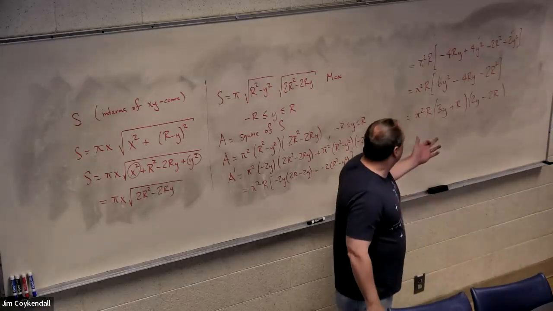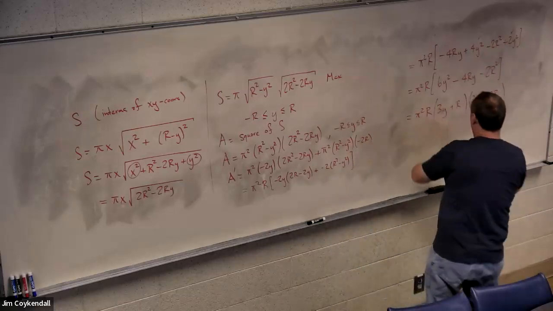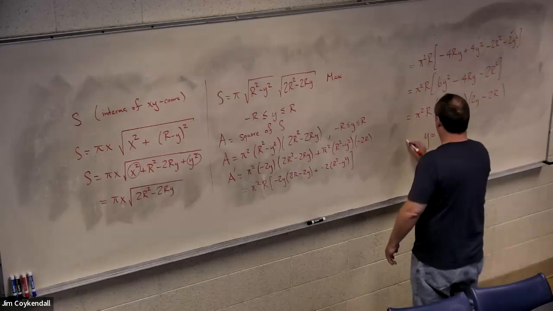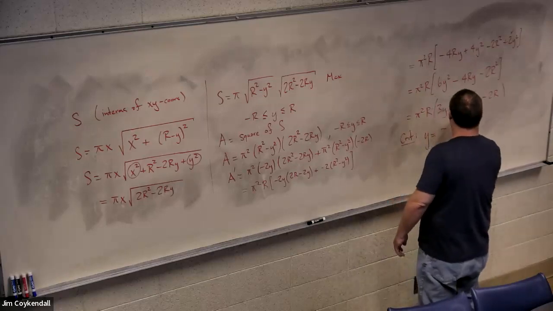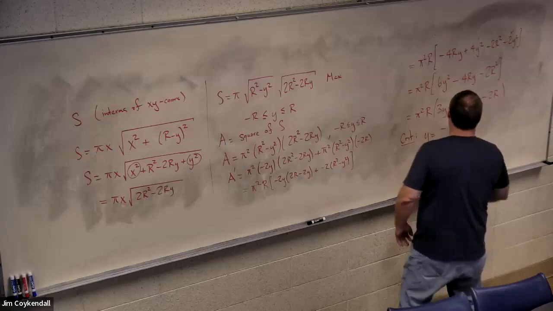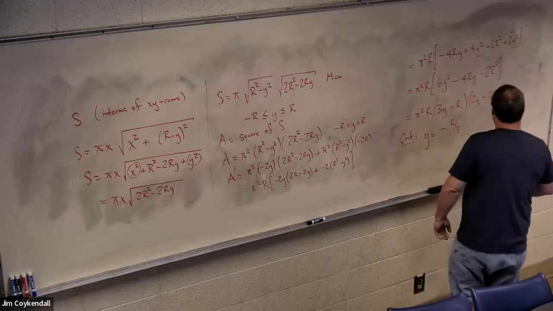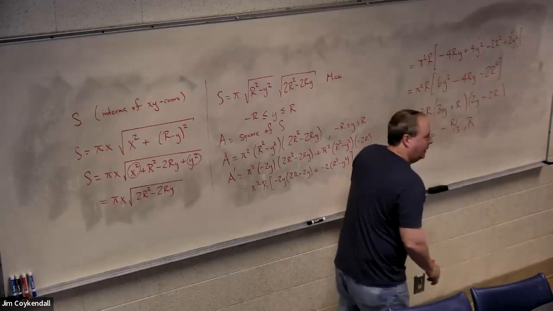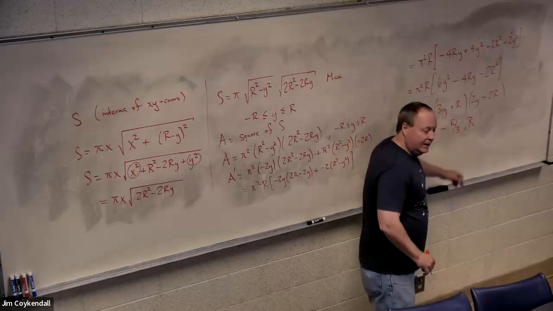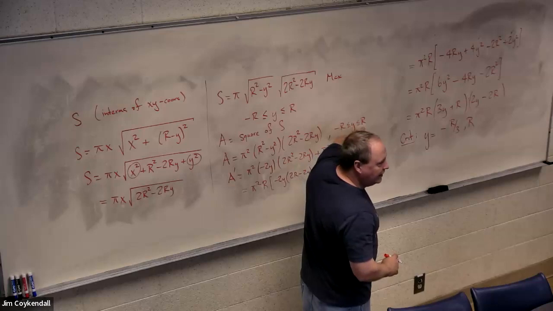So now, almost. The critical numbers: Y is equal to minus R over 3, that is one third of negative R, and I guess we're going to use R. And this one doesn't make any difference because I've already got it.